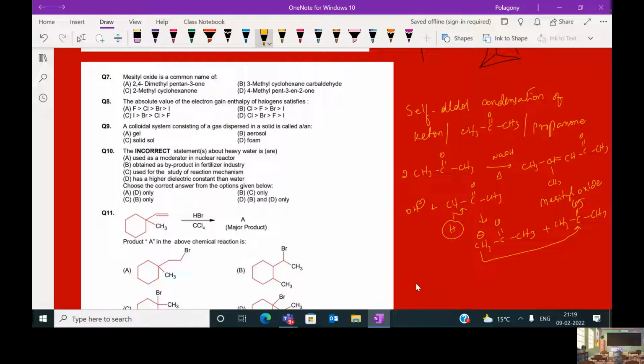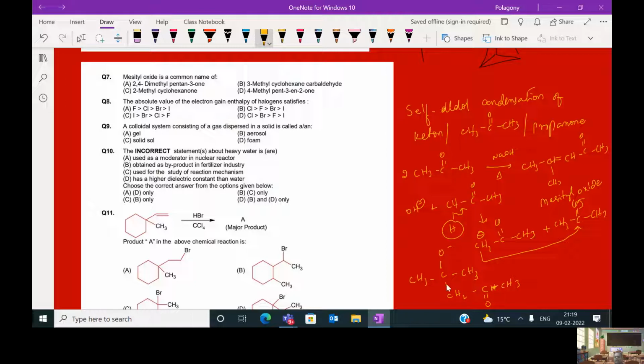the oxygen. Then the resultant structure will be CH3 CO minus and CH3. Here is CH2, CH3. So this is the structure.